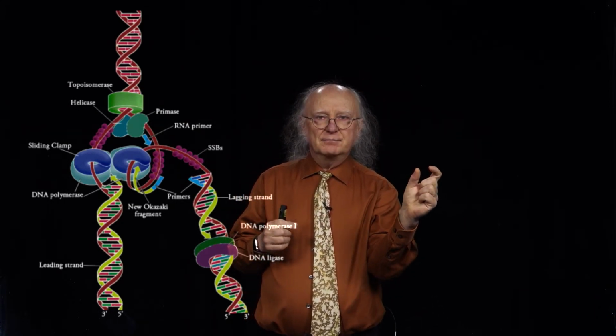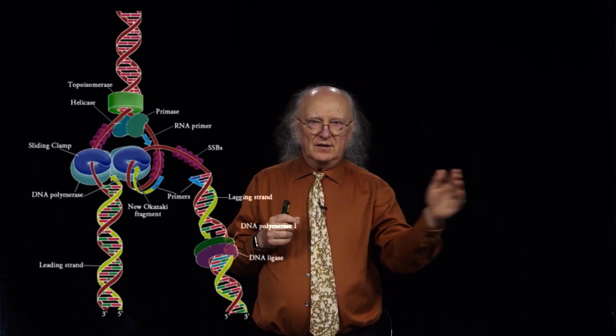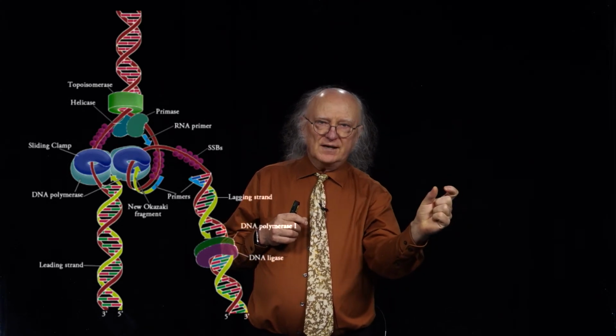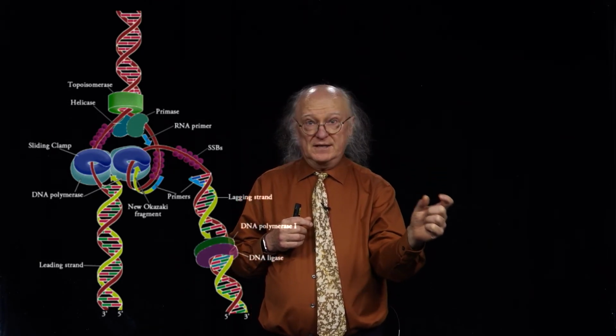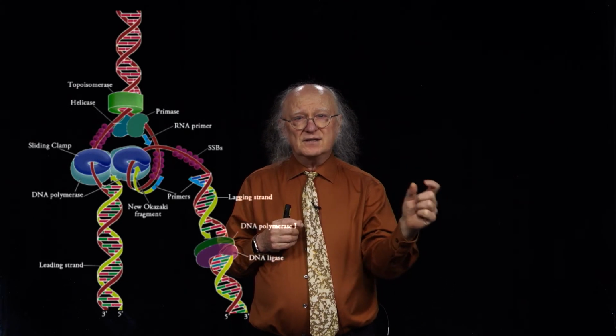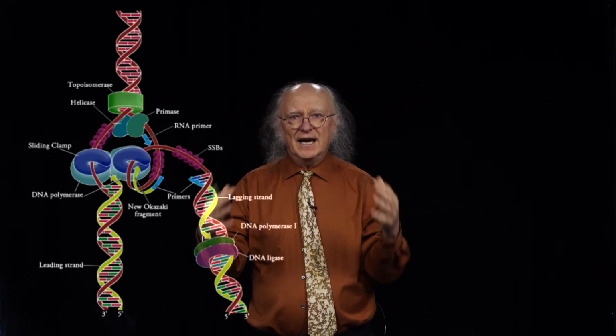When the polymerase is done, it leaves a tiny gap between the last nucleotide it put in and the first nucleotide in front of it. That phosphodiester bond between those two nucleotides is not closed by DNA polymerase 1. It has to be closed by something else, and the something else that closes it or links those together is DNA ligase.